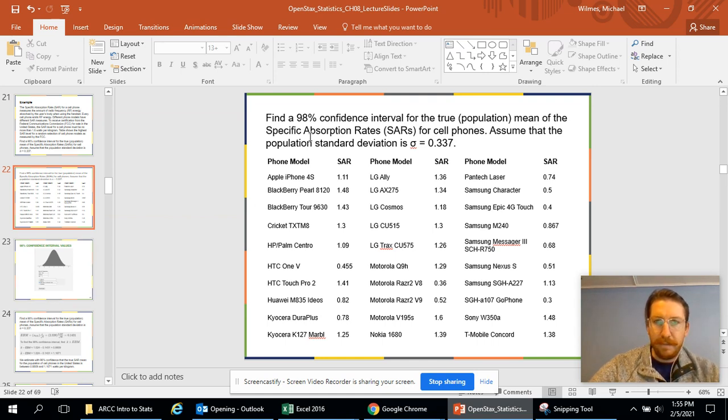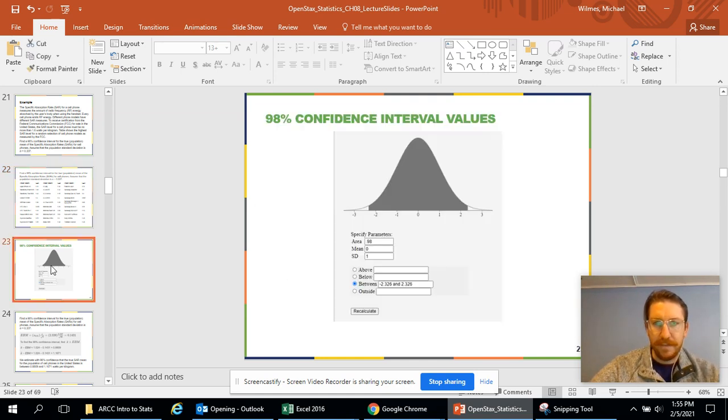So we're looking for the 98% confidence interval. So I take that into my inverse normal distribution calculator, and I put in an area of 0.98, a mean of 0, standard deviation of 1. Remember, I can't put in our mean and standard deviation because we don't know those values quite yet. Well, we know the mean, we don't know the sample standard deviation quite yet.